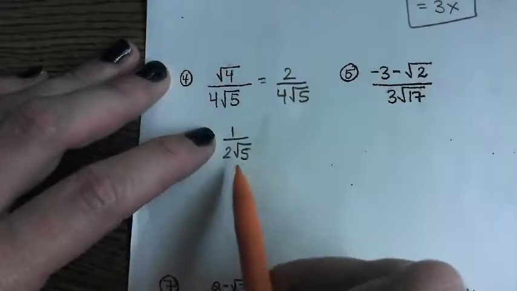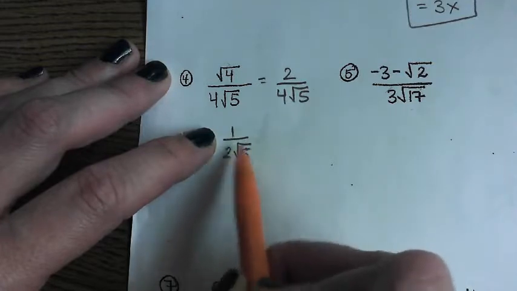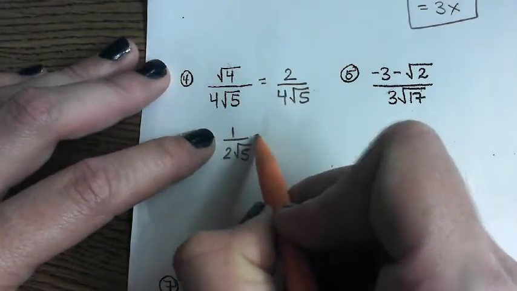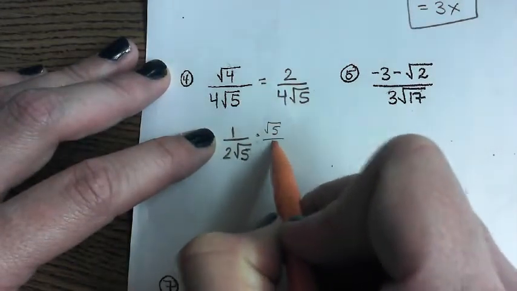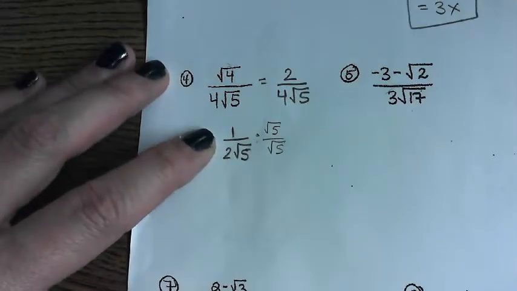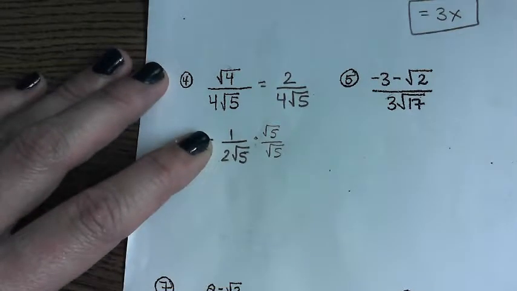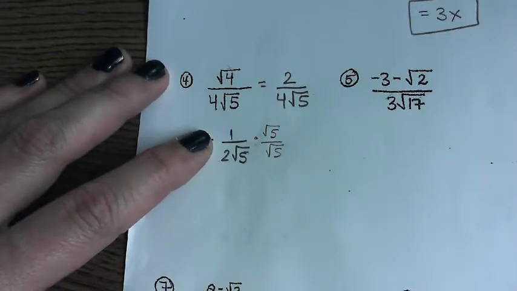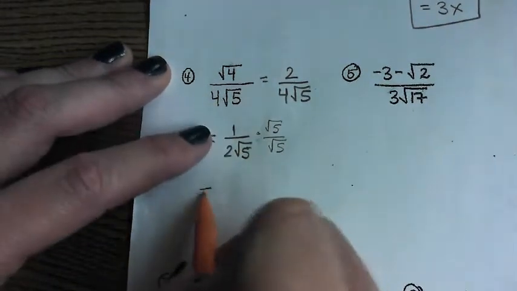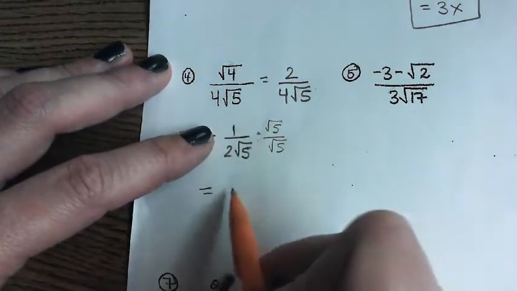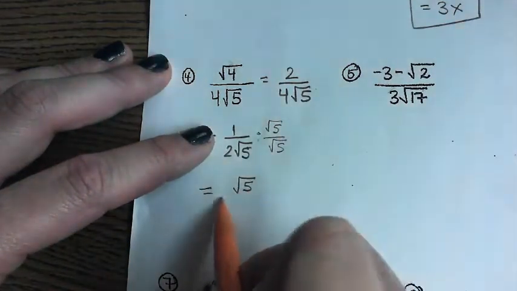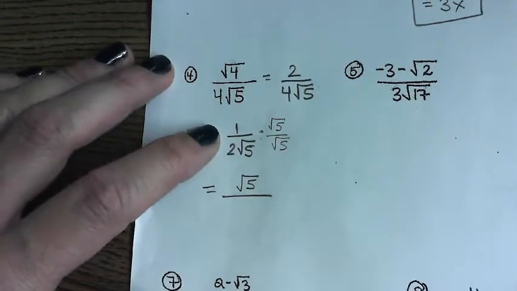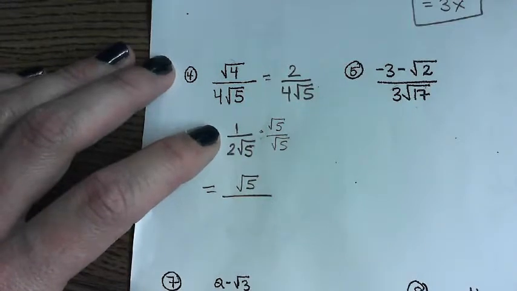And we're going to do that same thing here. So when it's part of a monomial, all you have to do is take that radical 5 and multiply by radical 5 over itself. We've multiplied by 1, so we're not going to change the value, but this will change the appearance and the radical will be gone from the denominator. On your numerator, 1 times root 5 is just root 5. On your denominator, Alexa, what's 2 root 5 times root 5?